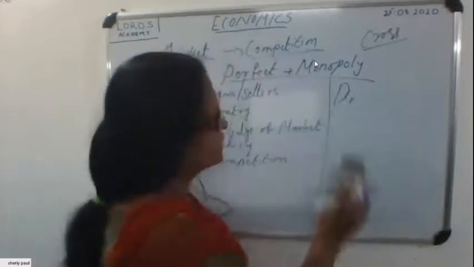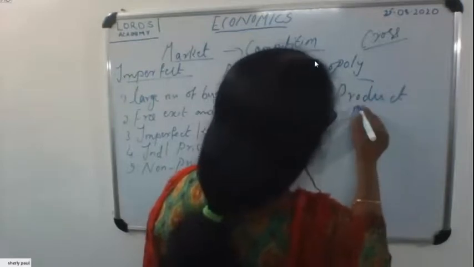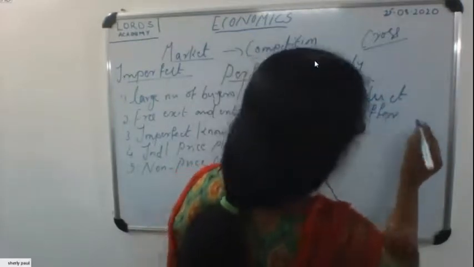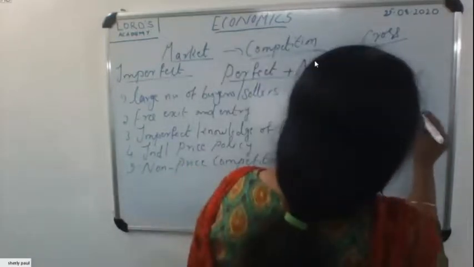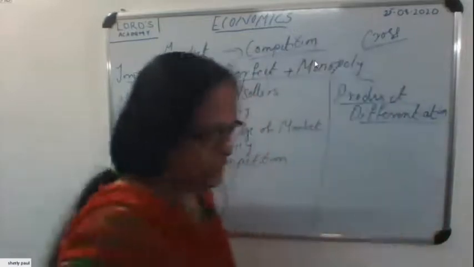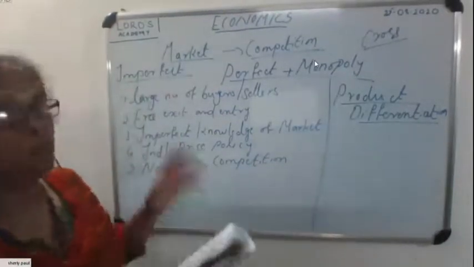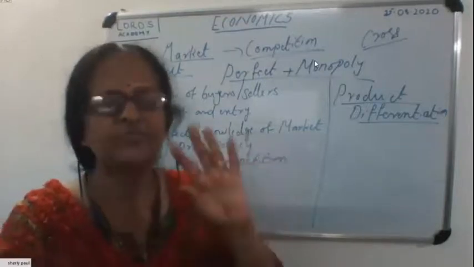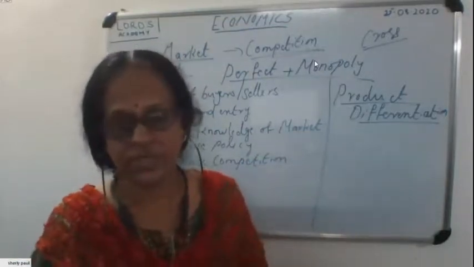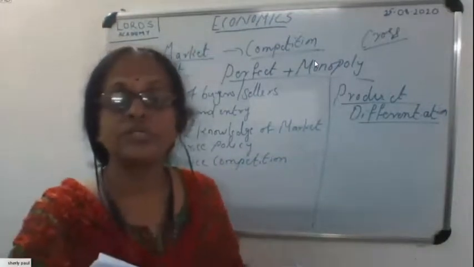Most of the time we can see in the question paper: what do you mean by product differentiation, and in which market does it prevail? That is very important. Product differentiation comes mainly in the monopolistic competitive market. They will ask you to define product differentiation, and in which competition it prevails. That is the monopolistic competitive market.